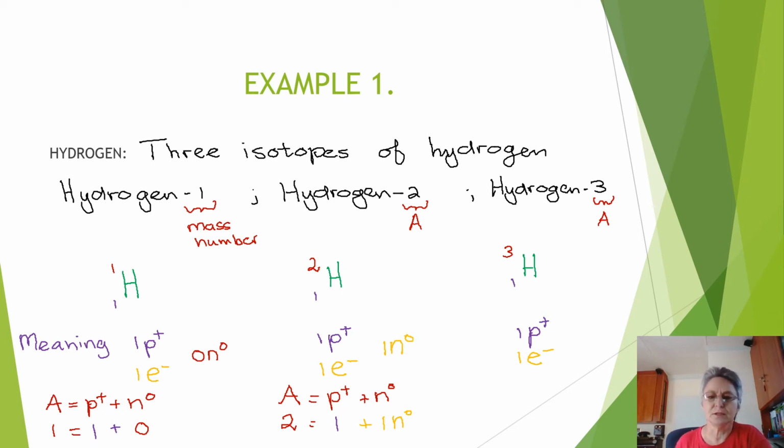In the next one, hydrogen 3, the mass number is the number of protons plus the number of neutrons. So if the mass number is 3, the number of protons is 1. How many neutrons are there? There will be 2 neutrons. So this atom will have 2 neutral particles.